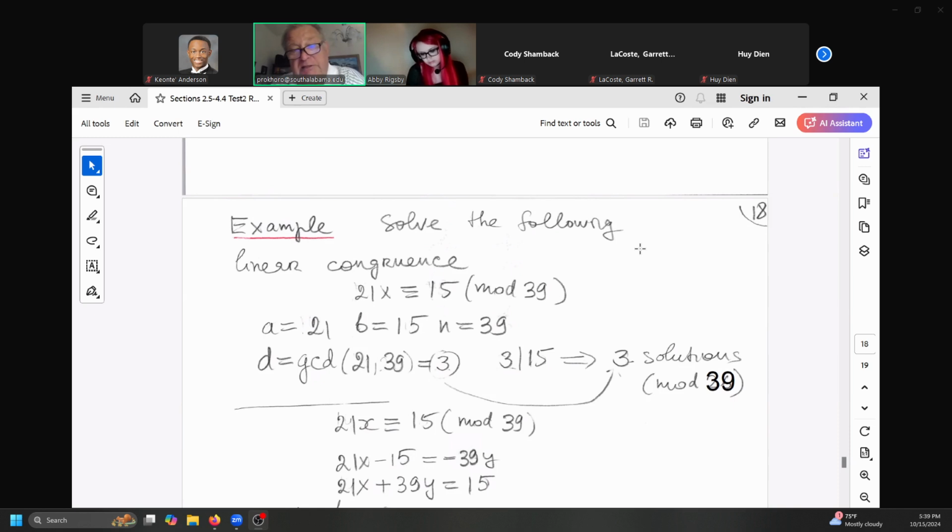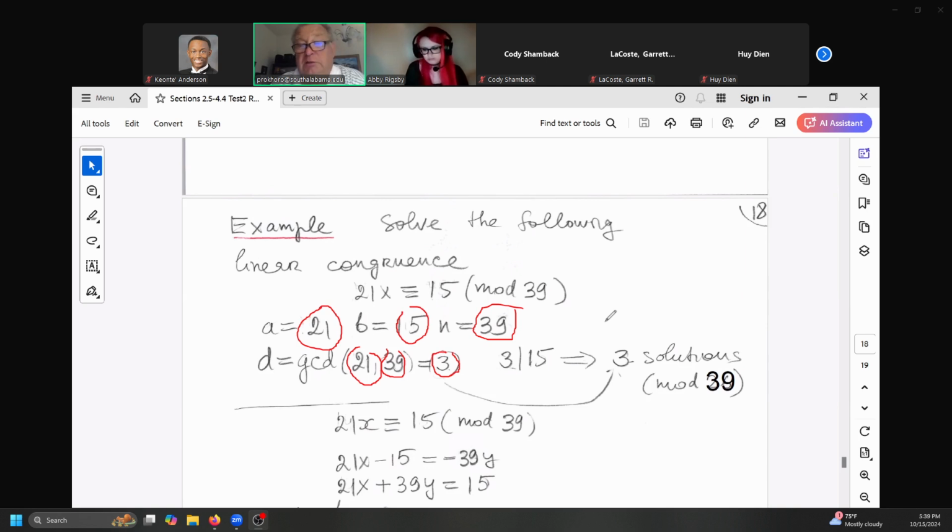And we will write A equals 21, B is 15, and N equals 39. Then we can say greatest common divisor of A and N, so this means 21 and 39, equals 3. So now it's not 1.